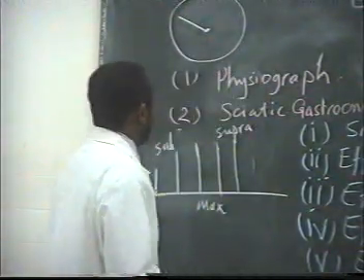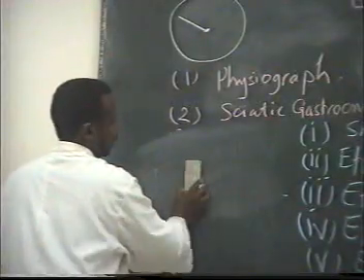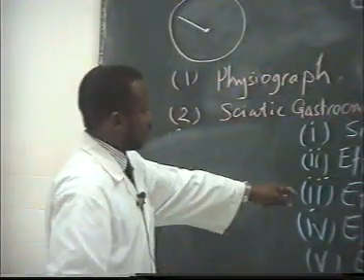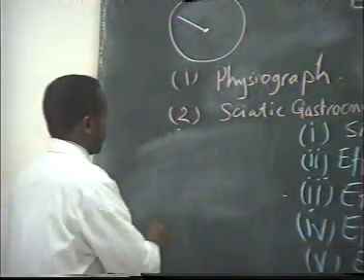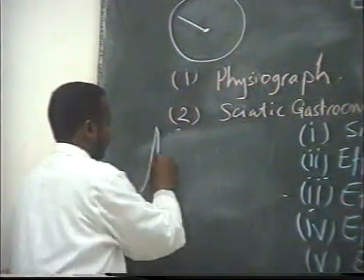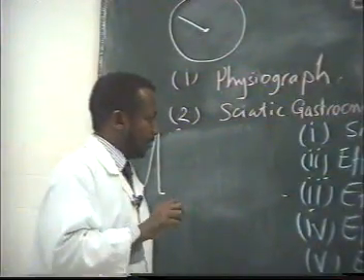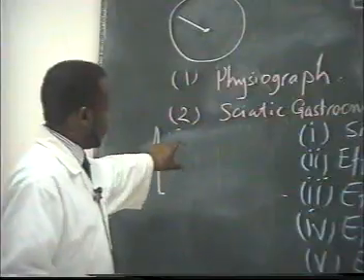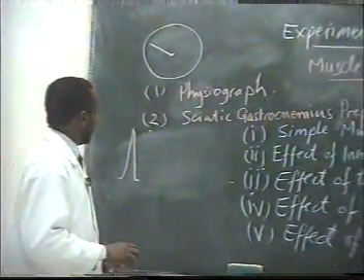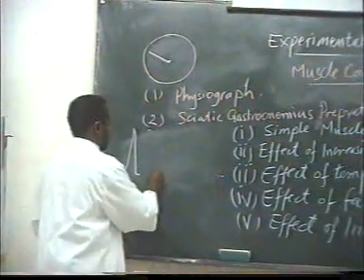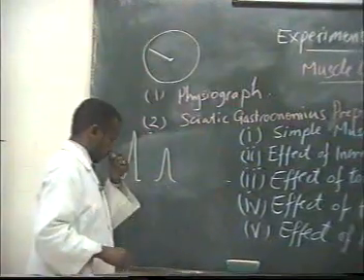Also, it illustrates the effect of temperature. We get our first record at room temperature, and then we flood the preparation with cold Ringer solution, and when we stimulate the muscle, we get this response.